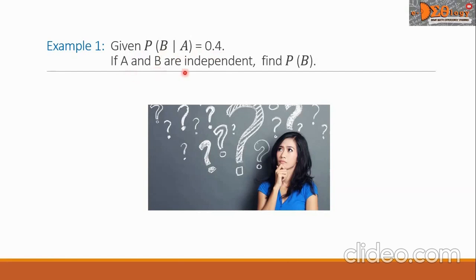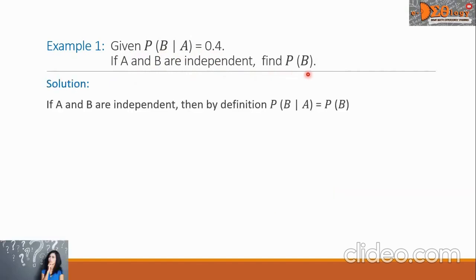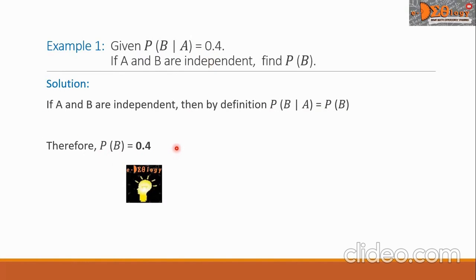If A and B are independent, find the probability of B. For our solution, if A and B are independent, then by definition, the conditional probability of B given A equals the probability of B. Therefore, the probability of B equals that same value, 0.4. This is our final answer.